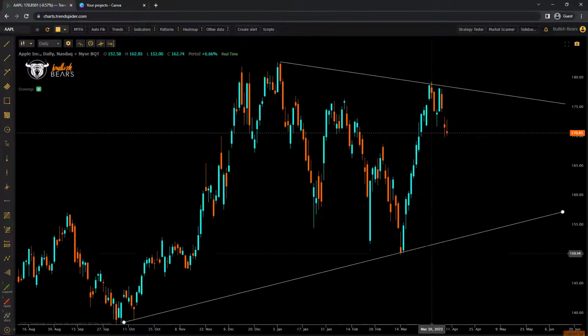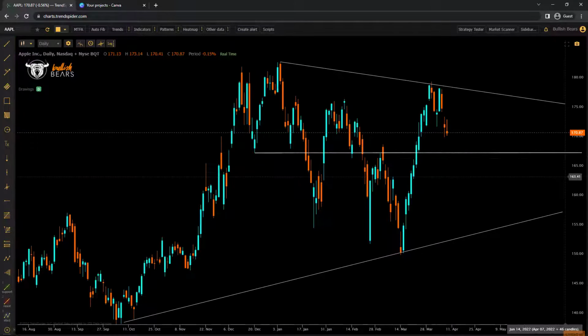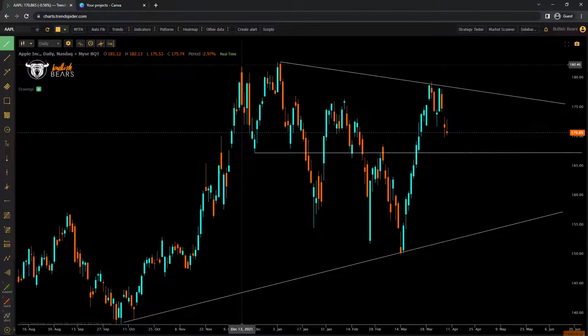So angular support, and then you have angular resistance, right? There's also horizontal support and resistance lines. Horizontal would just be those lines that go horizontal, right? So let me do a few of these right up over here.